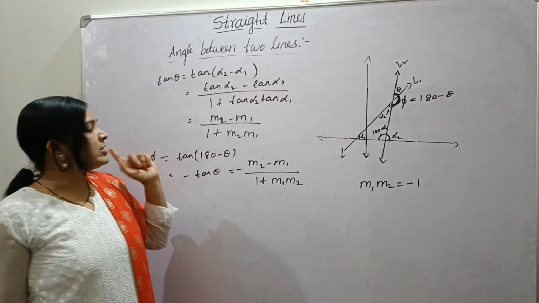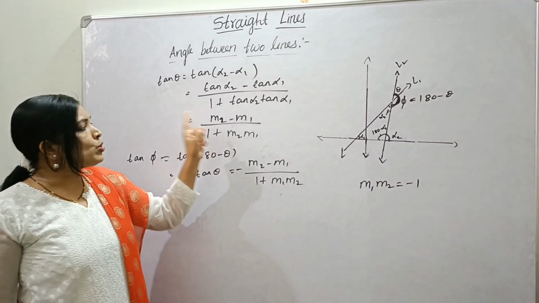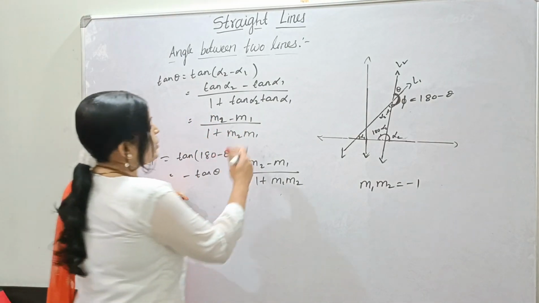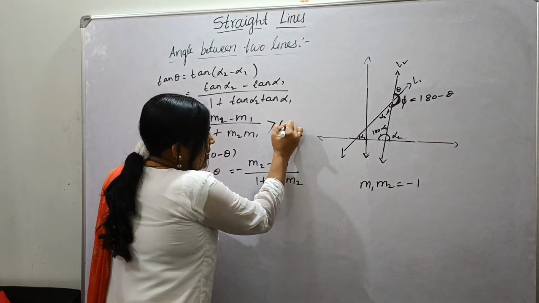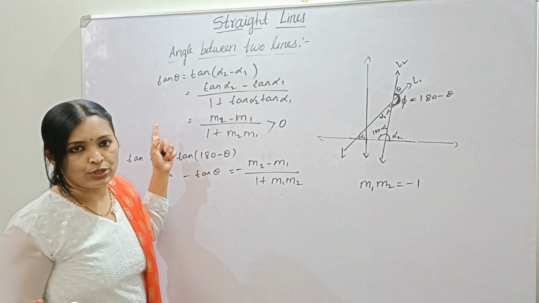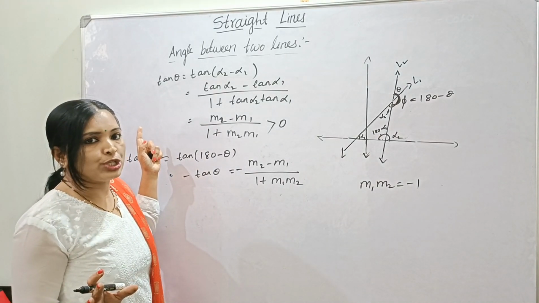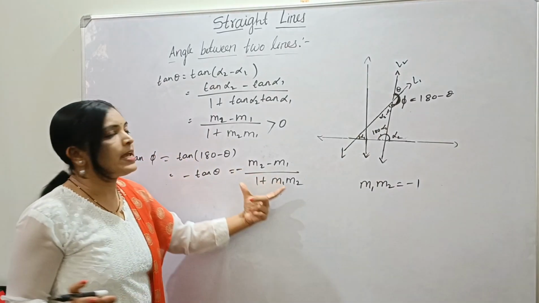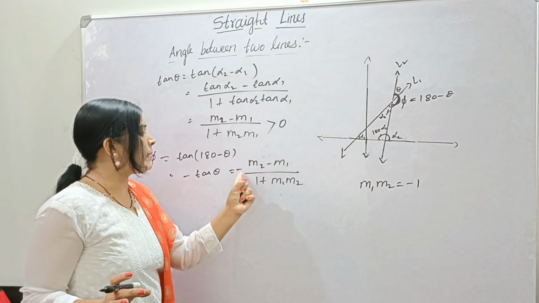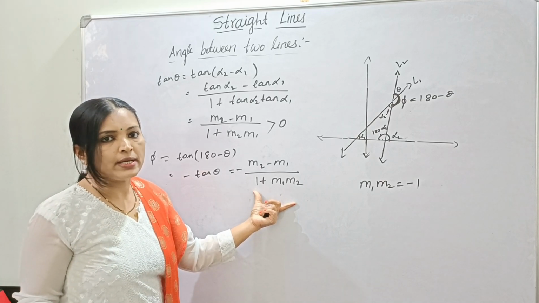Remember once again, if m2 minus m1 divided by 1 plus m2 into m1 is greater than 0, then tan theta is positive and tan phi is negative, because it is minus of this positive, so negative.